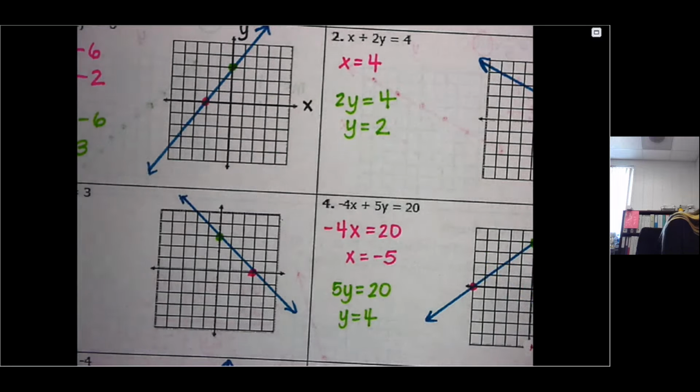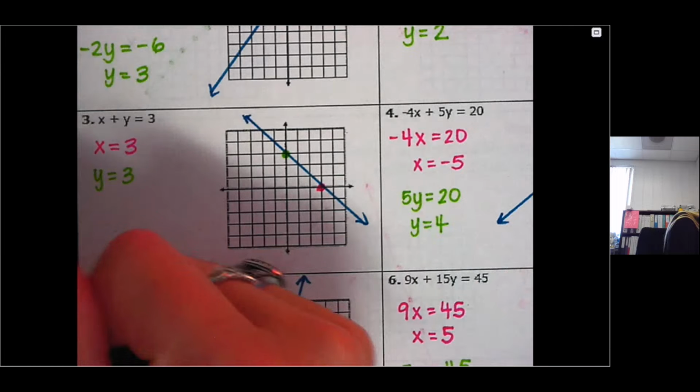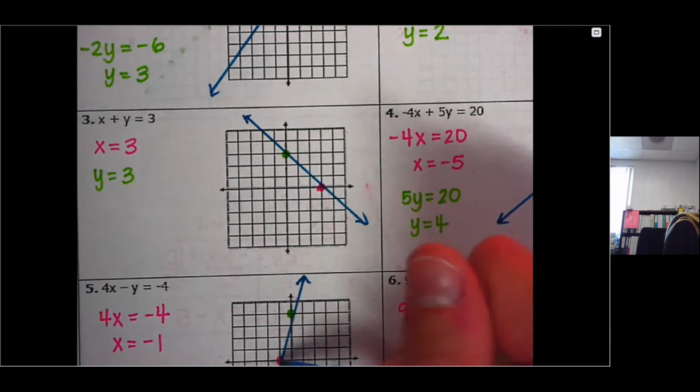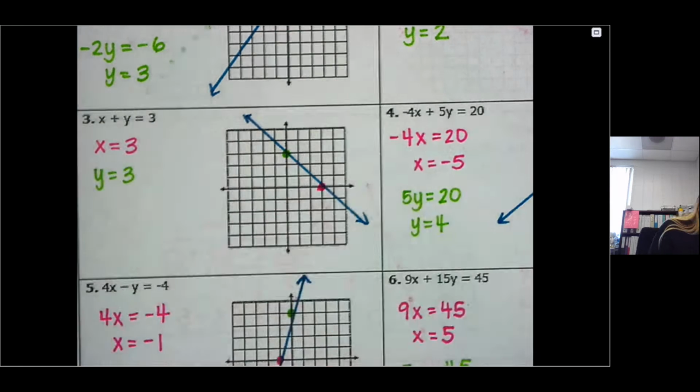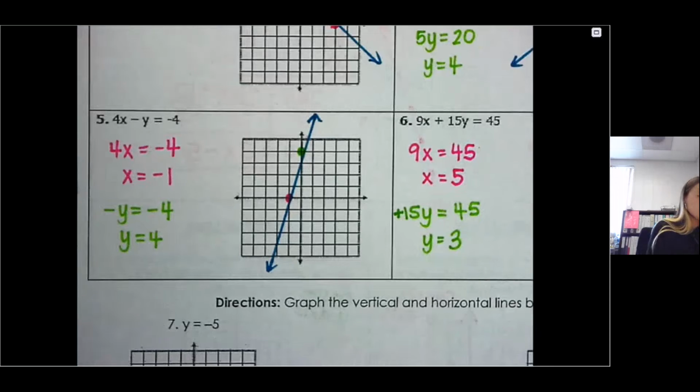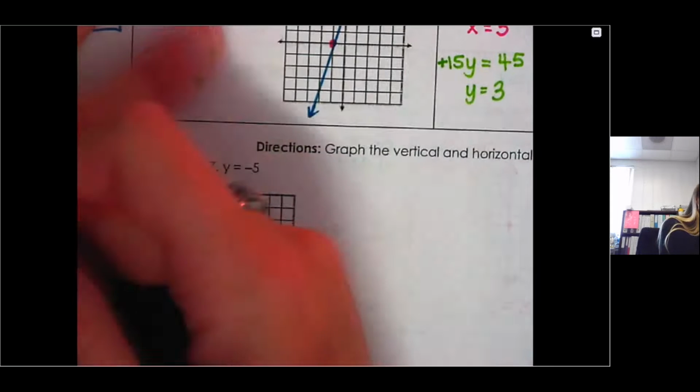Yes. So it tells you, either on the x-axis or the y-axis, where to cross.